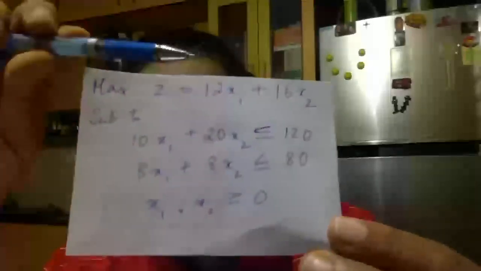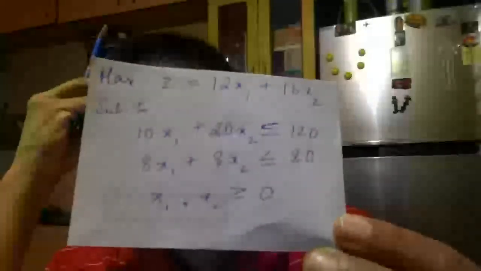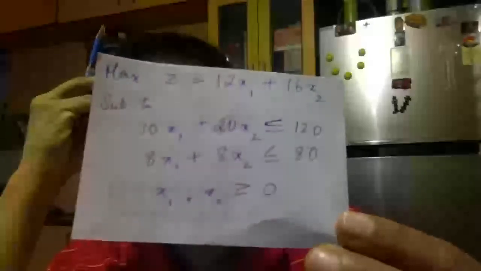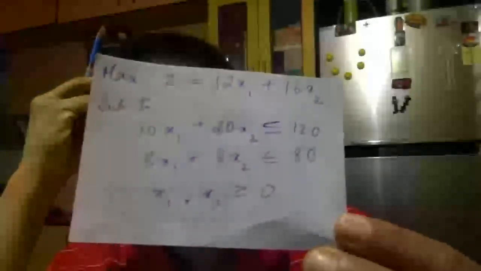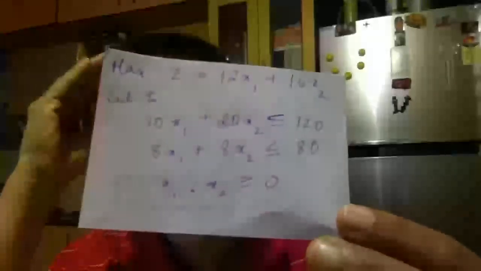Now it is 12x1, isn't it? This 12, I'll call it the coefficient of the basic variable. I will denote it as C. And x1, x2, the basic variables, I'll denote as B. B to the base i, B to the base j, something that you don't worry about.